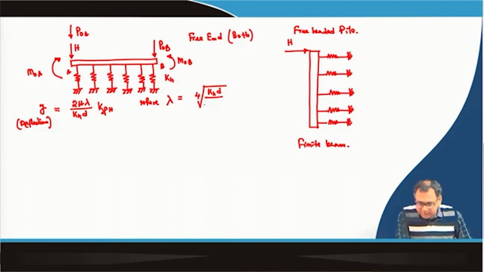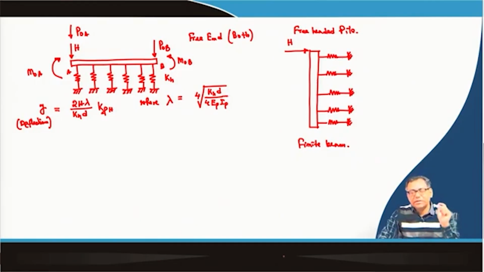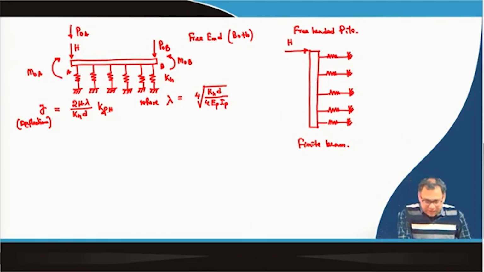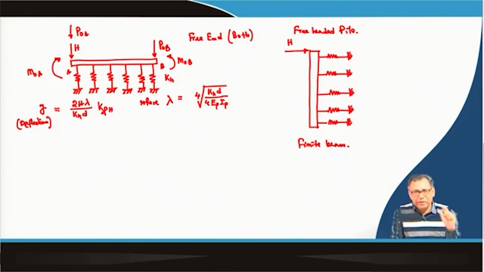So, lambda is the 4th root of kh d divided by 4 Ep Ip, where Ep is the elastic modulus of the pile, Ip is the moment of inertia of the pile section, and k rho h is a value which I will give in tabular form, showing how it changes for different depths of the pile.